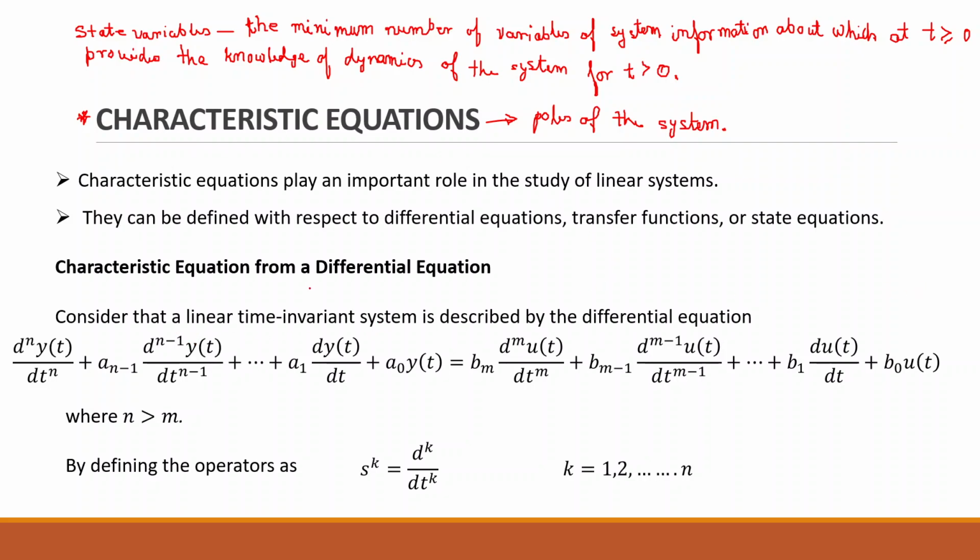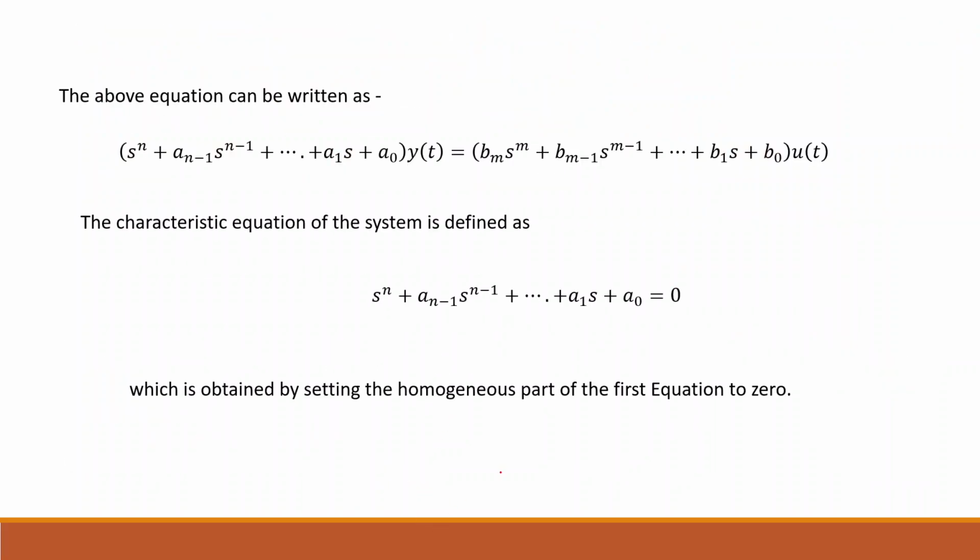Now let us consider a linear time invariant system described by this differential equation, where n is greater than m. By defining the operator s to the power k equals d to the power k by dt to the power k, k from 1 to n, we can write it in S domain as follows. Now the characteristic equation becomes basically the denominator of the transfer function.